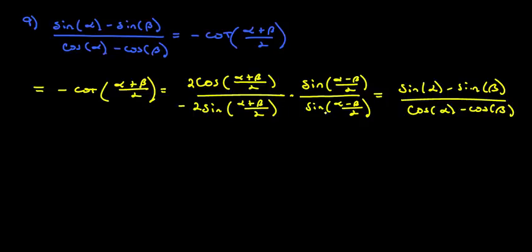So this is a direct consequence. If I multiply straight across, because that's how you multiply fractions, these are your sum to product formulas.